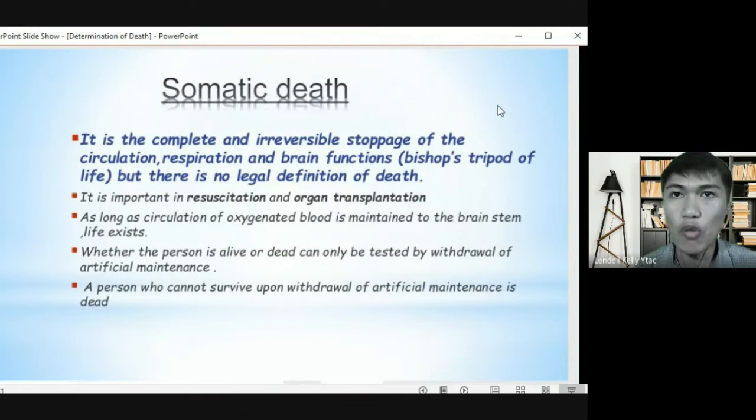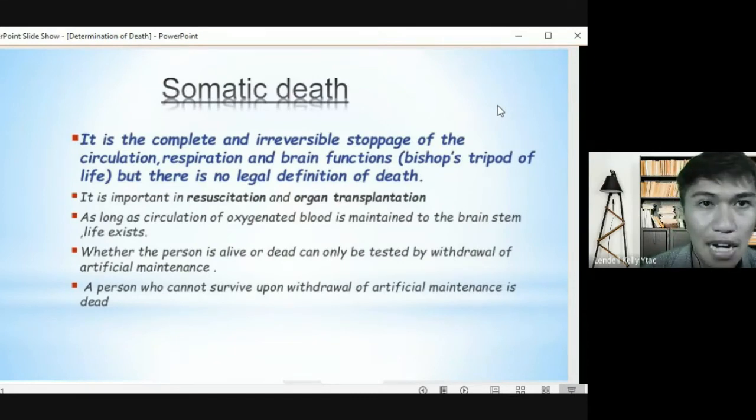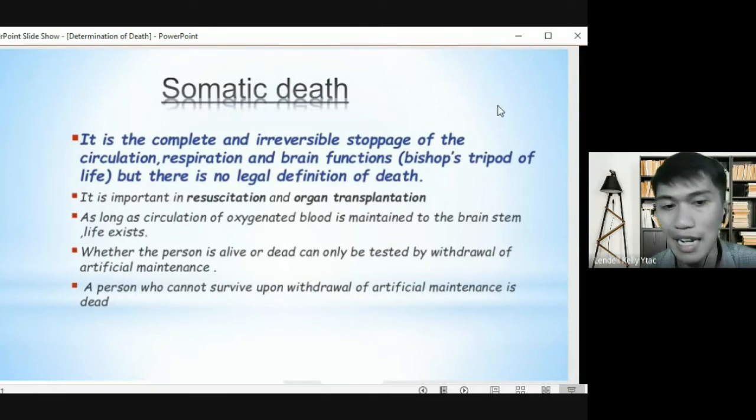So even though we could maintain the status of the cellular level and the systemic level, as long as that body could not survive on its own, once we remove the artificial support, for example the ventilator or the artificial heart-lung machine, and that person cannot sustain life, that person is considered dead.